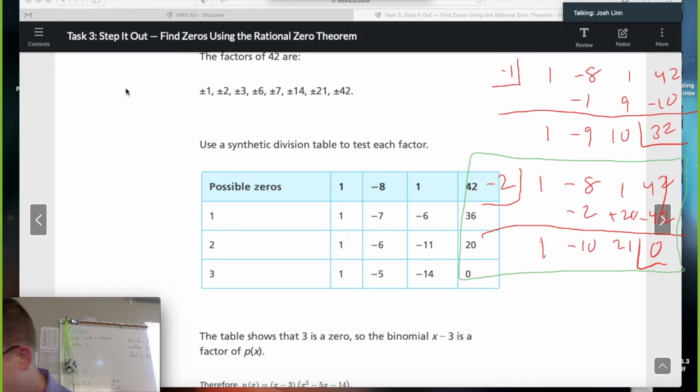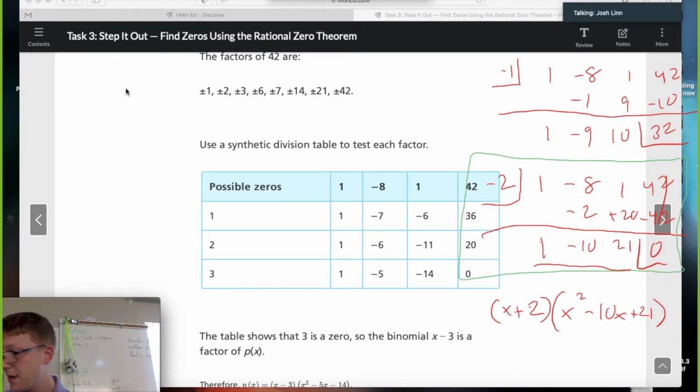So I can rewrite our equation as x plus 2, because note, when I put that negative 2 in here, it turns to 0, times, let's see here, these ones that we have right here. So that would be x squared minus 10x plus 21.